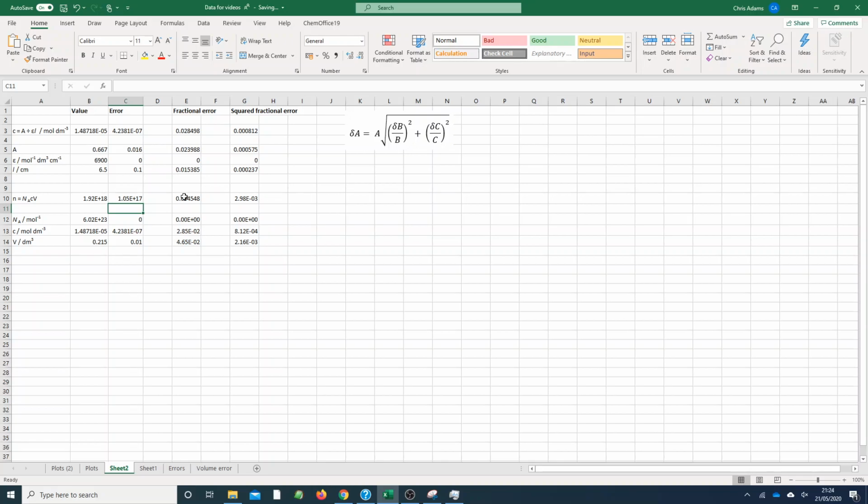So the number of molecules in my glass is 1.9 times 10 to the 18 plus or minus 1.05 times 10 to the 17. That's a 5.4% error.